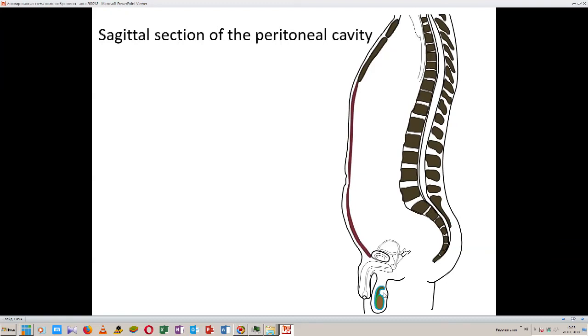And now, a very important question, according to the difference between the terms abdominal cavity and peritoneal cavity. It isn't the same. They are different terms.